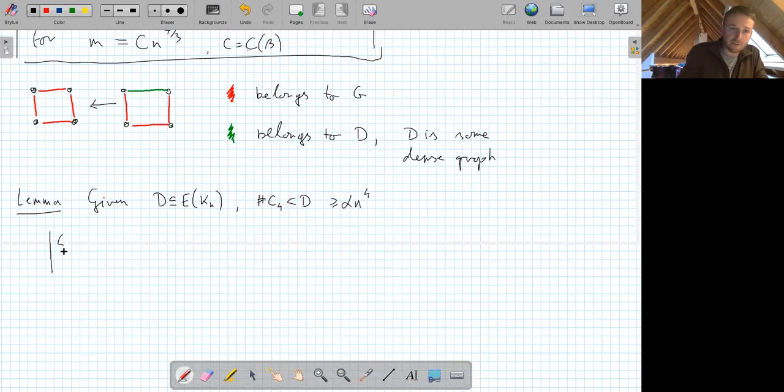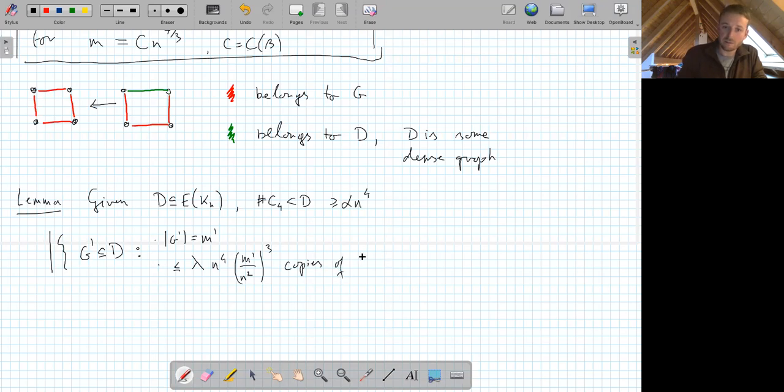We look at a family of graphs G prime, a subset not of Kn but of D. G prime has m prime edges, and it has at most lambda n to the 4 times m prime over n squared to the 3 copies of this green-red thing.